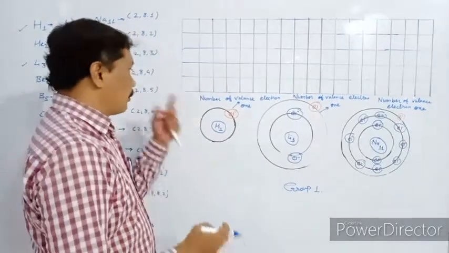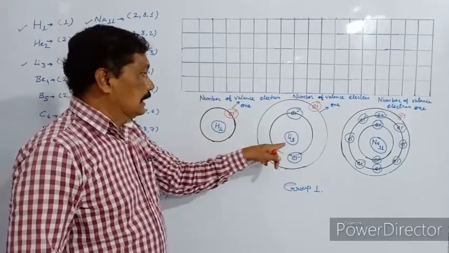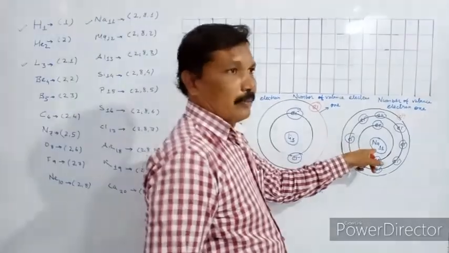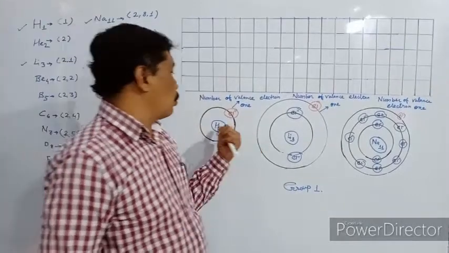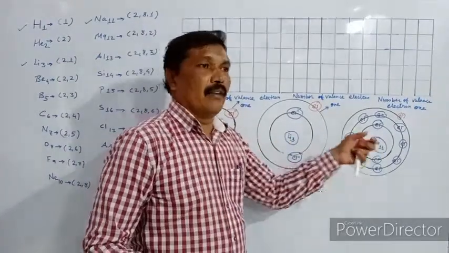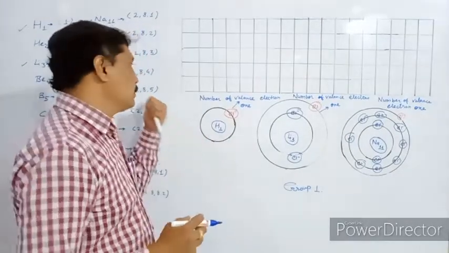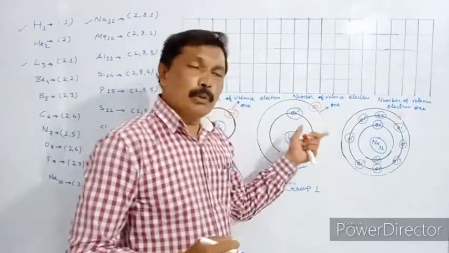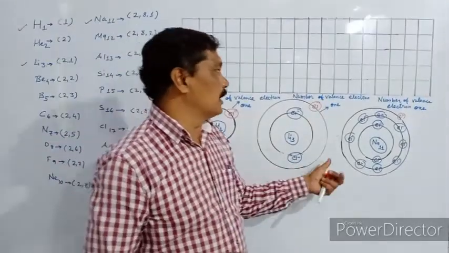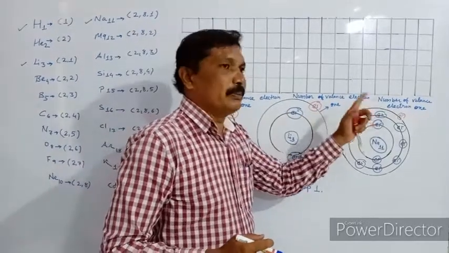So we have taken three examples: hydrogen, lithium and sodium, with atomic numbers 1, 3 and 11 respectively. We have arranged the electrons according to the electronic configuration and found that in the outermost orbit of all the three elements, only one electron is present.